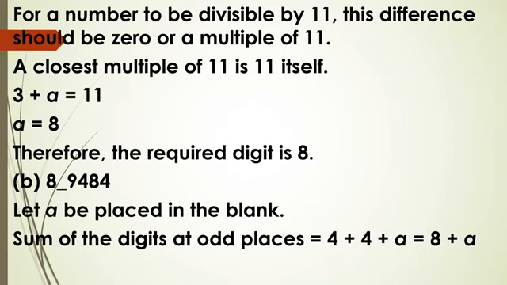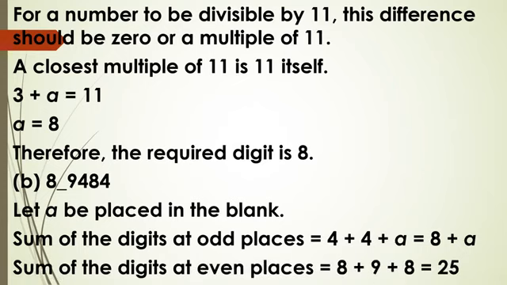So 4 plus 4 is 8 and 8 plus A. Okay. A will remain as it is. Sum of the digits at even places: it is 8 plus 9 plus 8, which is equal to 25.